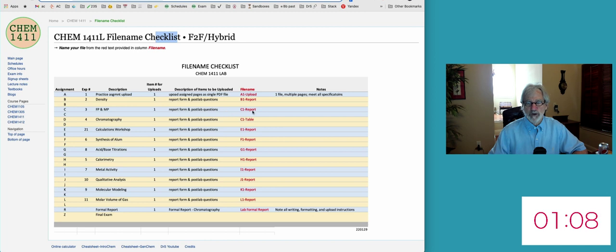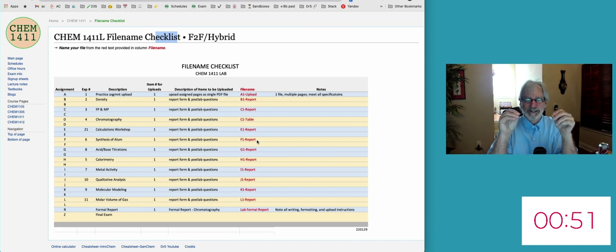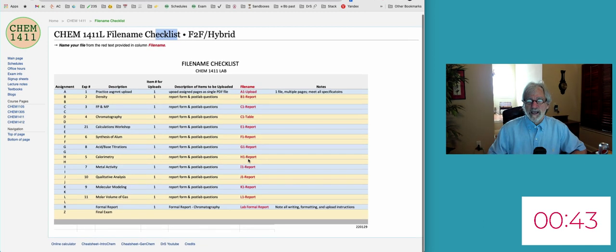So when you upload your content for, let's see, Lab F, you will call it capital F1 capital R report. Exactly that. As a quick aside, sometimes it automatically appends .pdf. If it does that, it's okay. But it has to be exactly this. So it's very persnickety the way you have to do it.